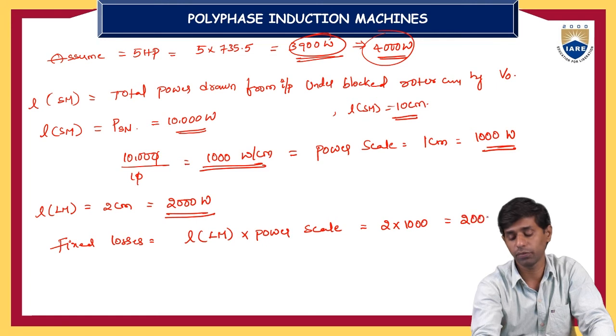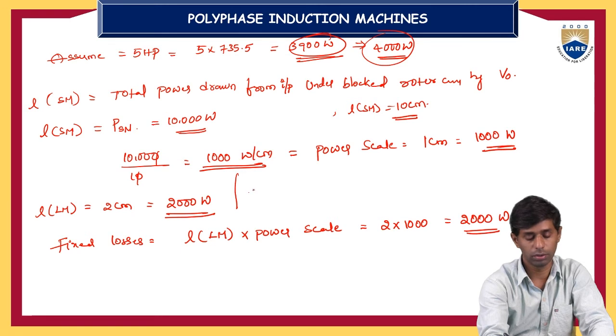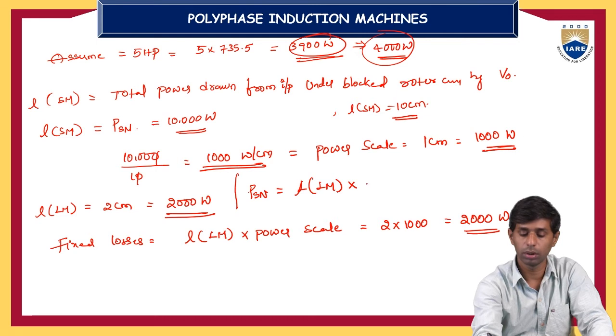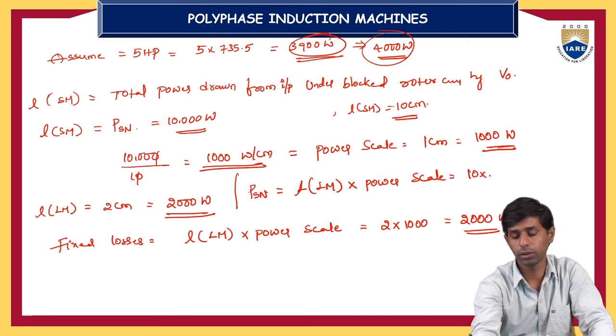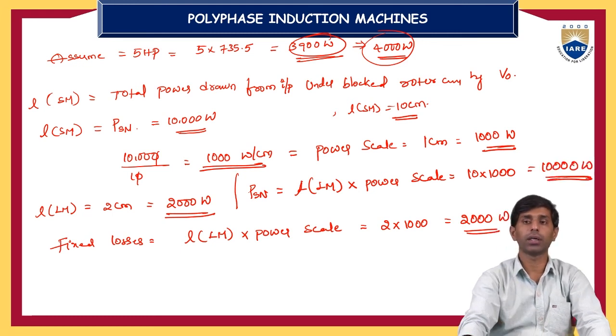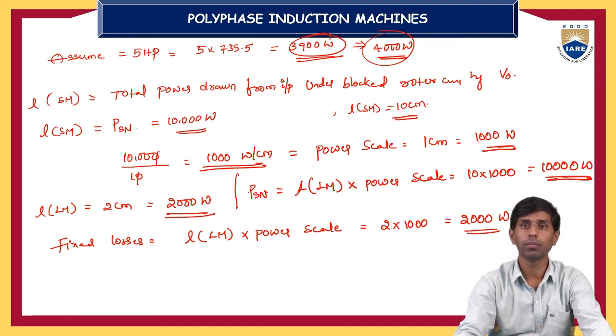So it is 2000 watts. Similarly, PSN is equal to the length of the SM into power scale, 10 into 1000, 10,000 watts. This is the way we can fix the power scale of an induction motor.